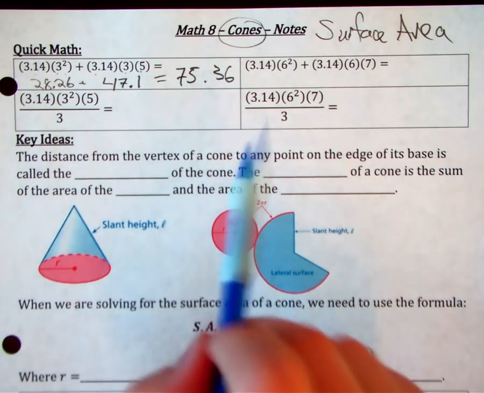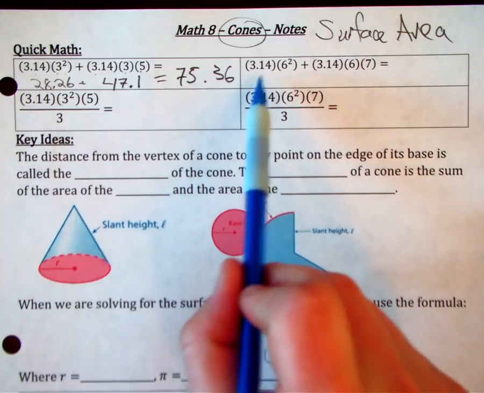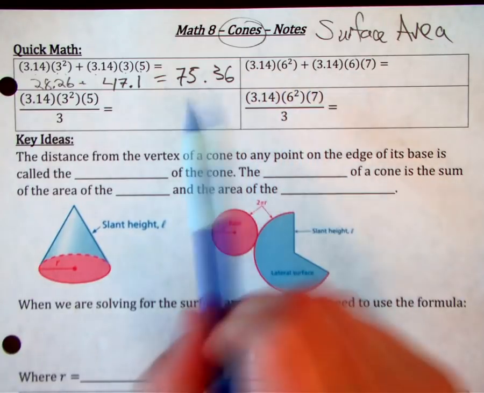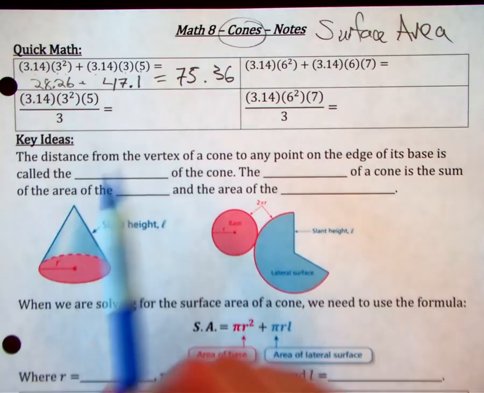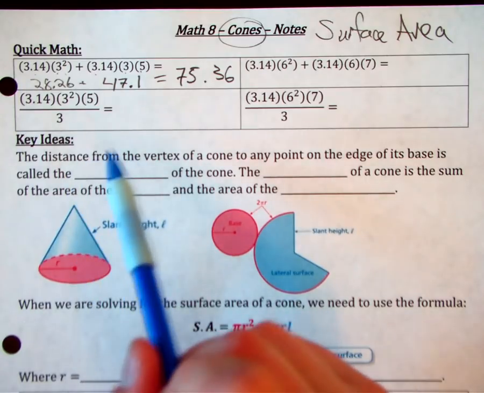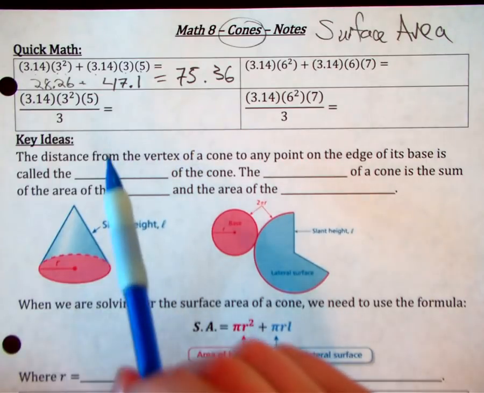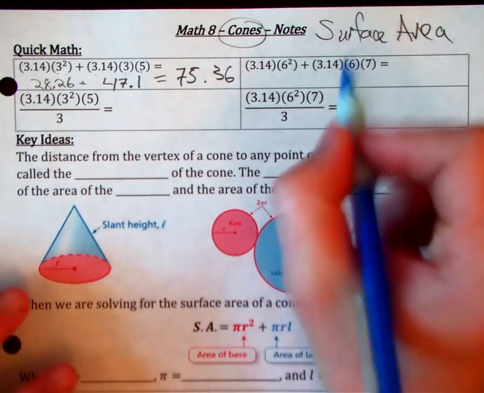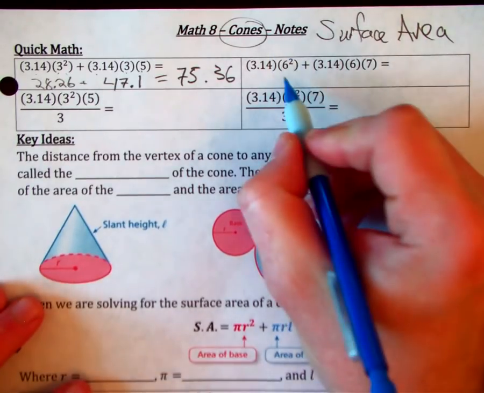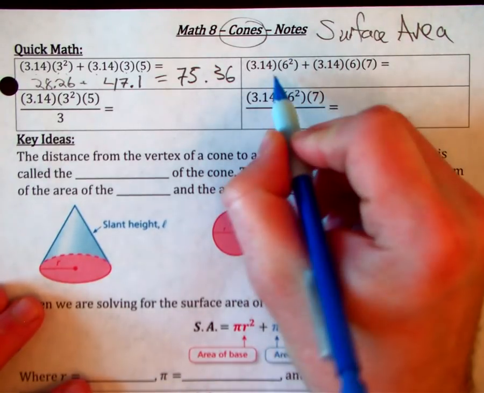So make sure that you're pausing this video. You can try these out for yourself. You can use that Desmos calculator, use the handheld calculator, whatever works, as long as you're trying this out for yourself first. Of course, you can check this using the video or the calculator.